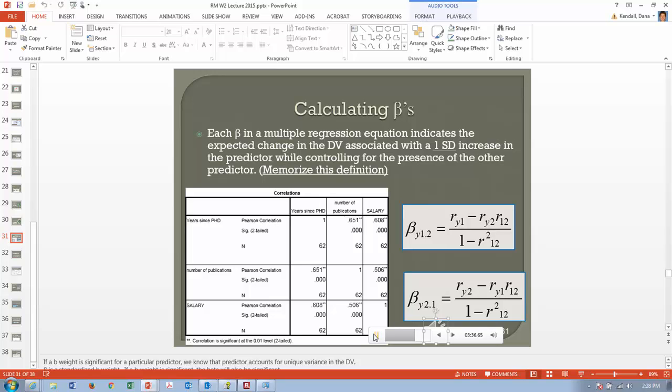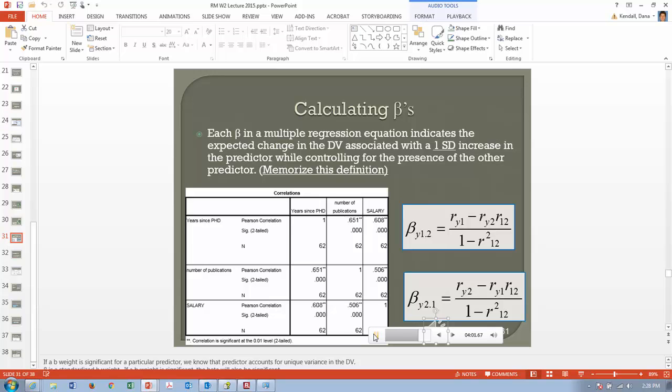To the extent that it gets larger and larger, we will see that the unique variance accounted for by each of the variables decreases. So more on this later, but as the R12 increases, the association between the two predictors, we expect the beta to fall.